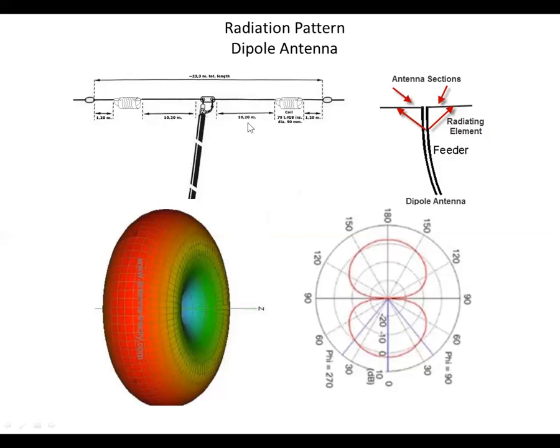Now, if you recall from the technician class, we talked about bounce off of the ionosphere. This is where the part of the signal that goes up to the ionosphere propagates through the atmosphere, and you can get pretty good distances that way.